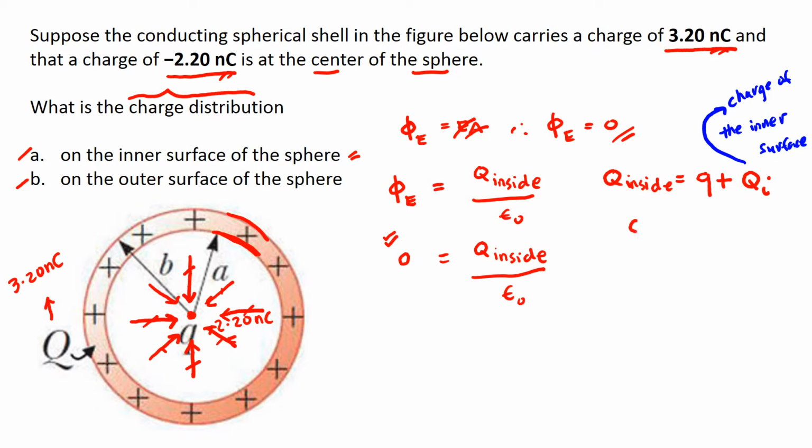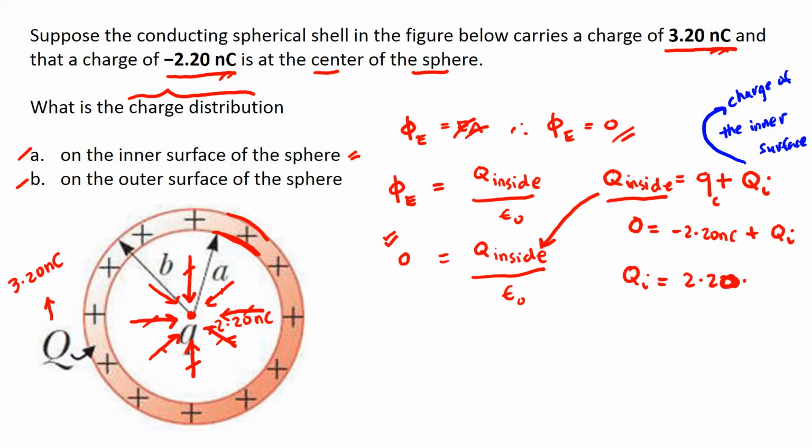If our Q inside is 0, because this is the only reason that your electric flux is going to be 0, that means your Q inside the Gaussian surface should be 0. Then we will have our Q at the center, which is negative 2.20 nanocoulomb, plus QI, the charge of the inner surface, equal to 0. Then we will have QI equal to positive 2.20 nanocoulomb.